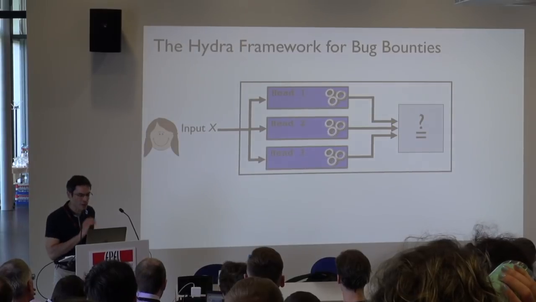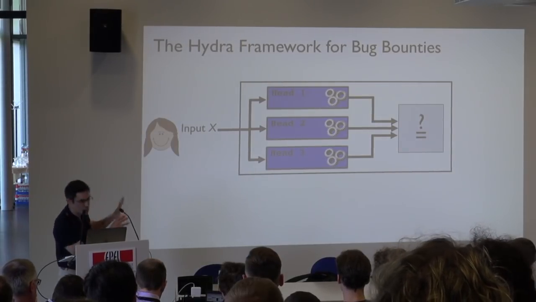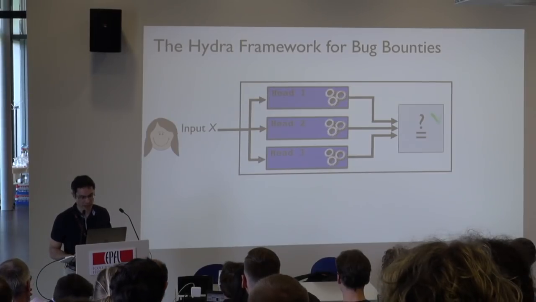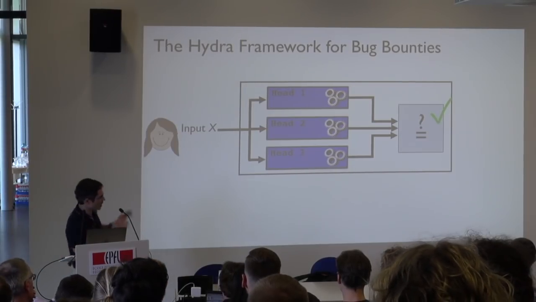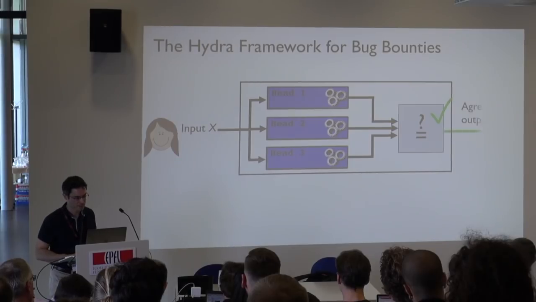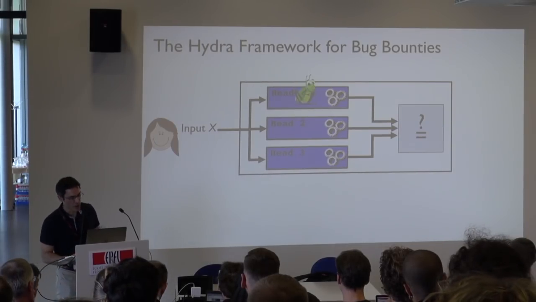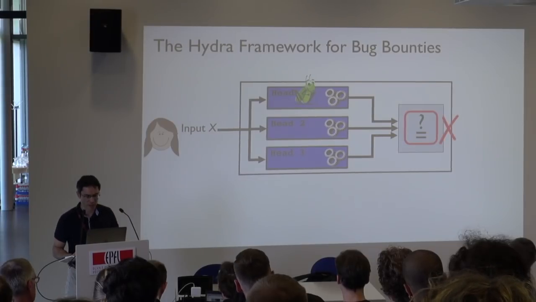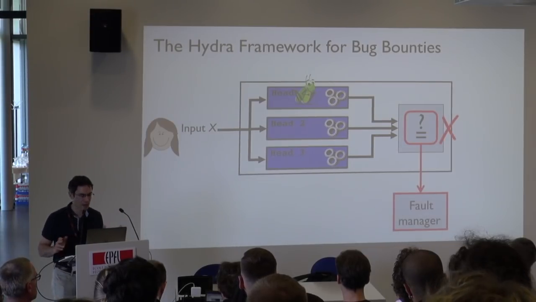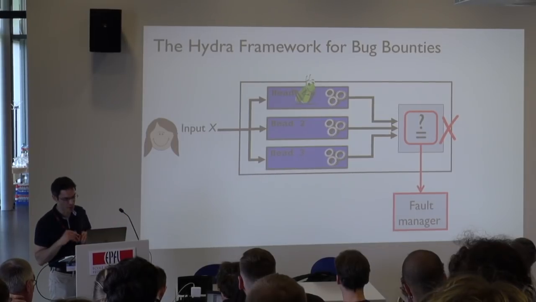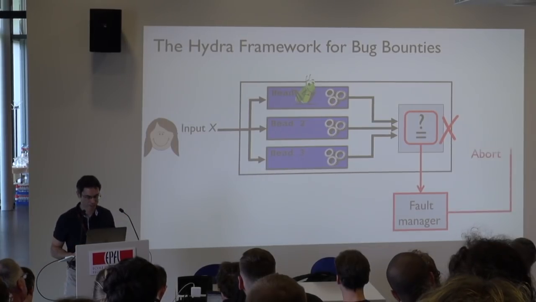So you recall, in the Hydra framework, if a collection of heads, program versions, don't agree, then we abort the execution of the meta program. If they agree, we run the program, and we produce the agreed-upon output. So if there's a bug in one of the programs, we terminate, and we kick over to some fault manager that will, as I said, abort the program and possibly do something else.